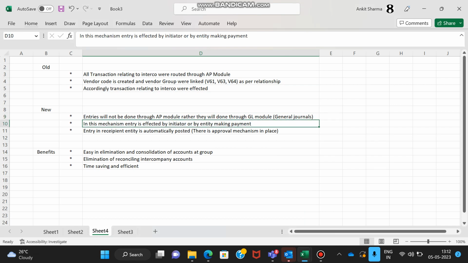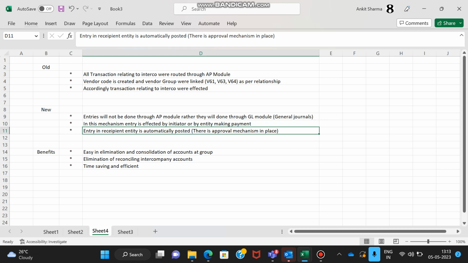One entity makes an entry in their books of account, and automatically the reverse effect of that entry is replicated into the other entity who is part of the transaction. So, as I mentioned, the entry in the recipient entity is automatically posted.